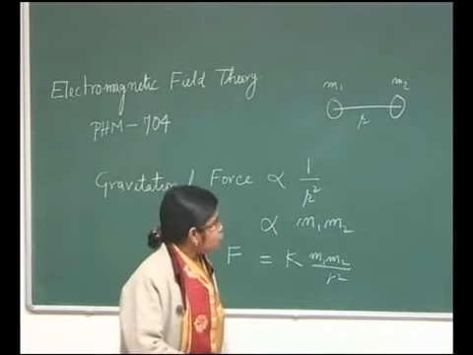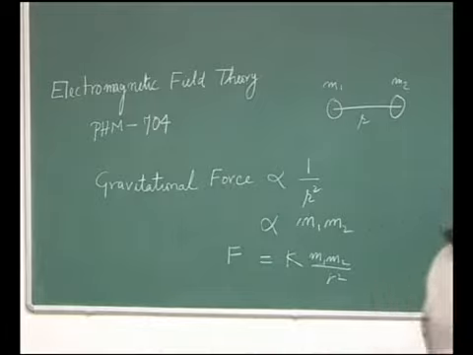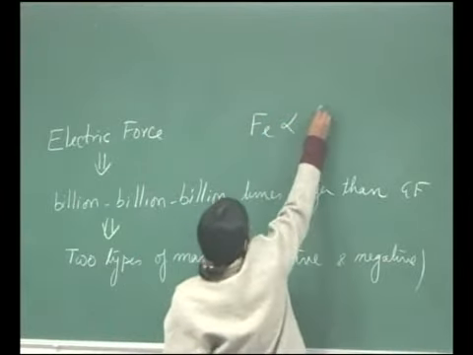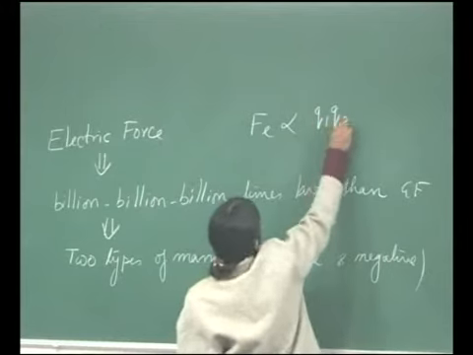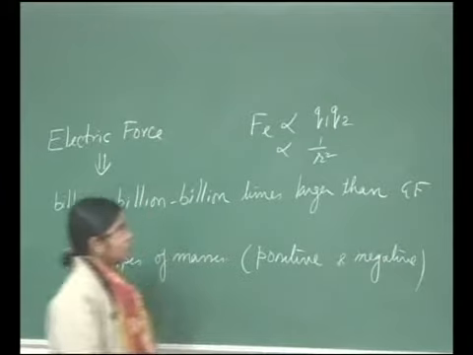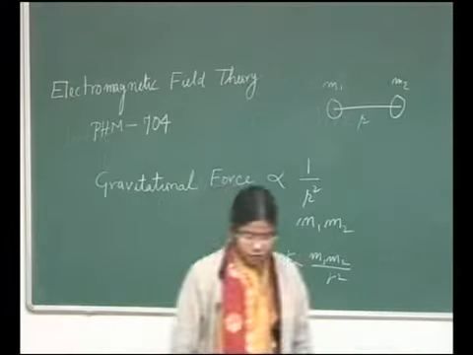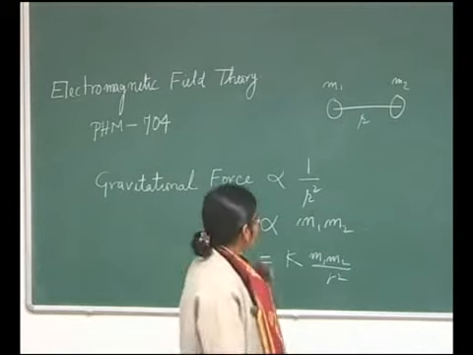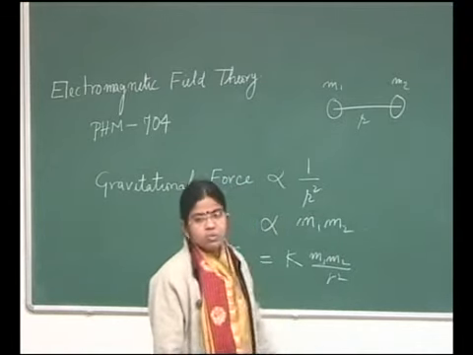In Coulomb's law, we say that the electrical force F is proportional to the product of the charges and inversely proportional to the square of the distance between the two charges. But this force, unlike gravitational force, is enormously large.